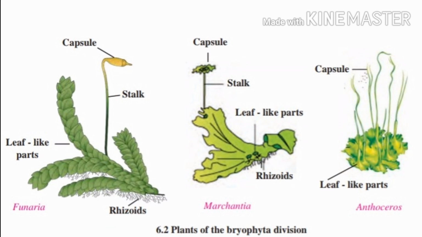These plants are also called amphibian plants because they need moist soil and water for their reproduction. As they require both soil and water, they are called amphibious plants. Other examples of bryophytes are Marchantia, Anthoceros, Riccia, and moss, which is also called Funaria.